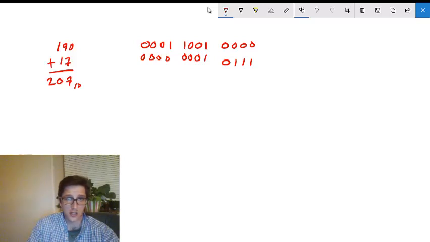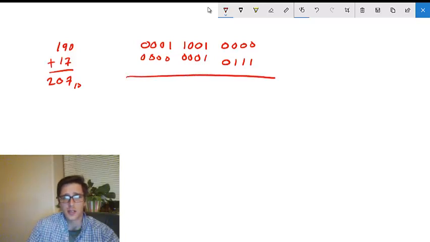So the ones place right here is 7. The tens is 1. And the hundreds is 0. Here we have the ones is 0, the tens is 9, and the hundreds is 1. So that's really why we do that.